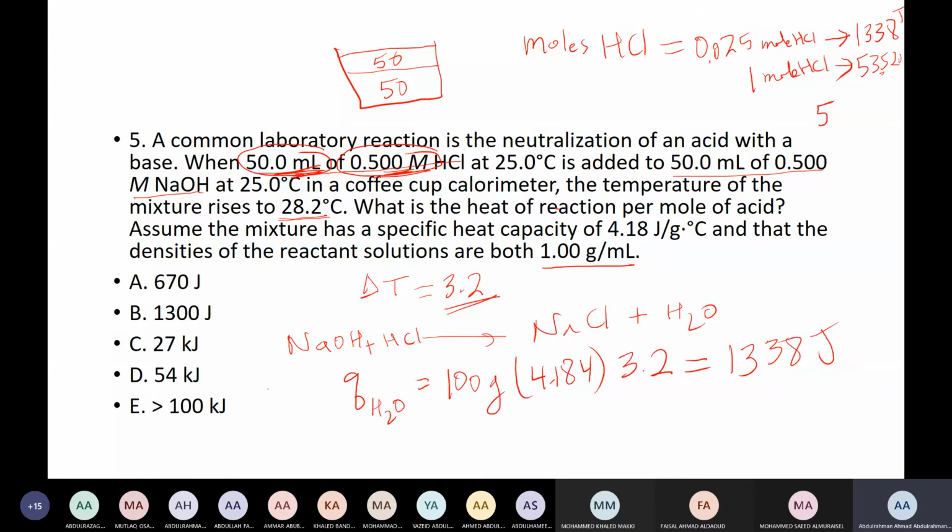Okay, which is 54 kilojoule. That's it, because I want it per mole. He says, what's the reaction per mole of acid? That's why I say if it's 1 mole, it will give us 54 kilojoule. That's the answer.